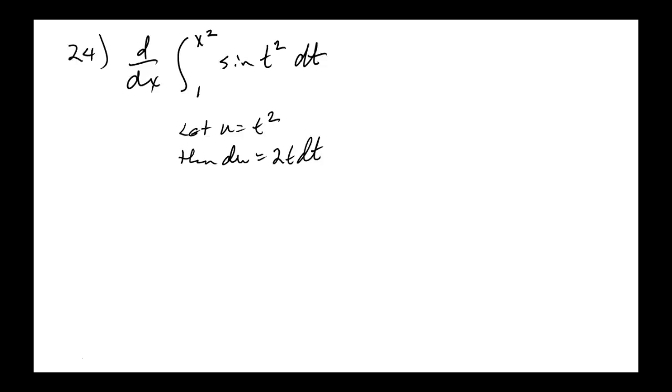Then you got to divide out a t, or 2. But that's somewhat of a problem even there. But let's at least divide out a 2. I think we'll be fine. But we don't have a t dt, we just have a t. But this implies that t is equal to the square root of u. Wouldn't you say?